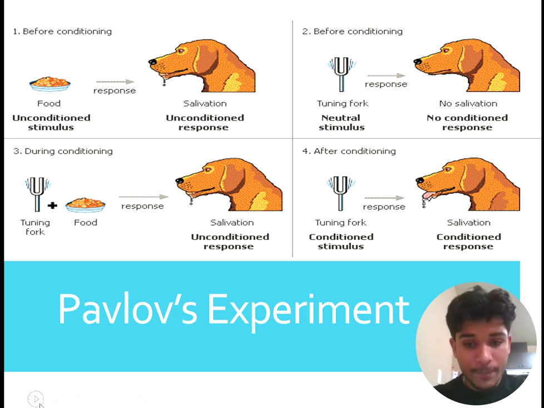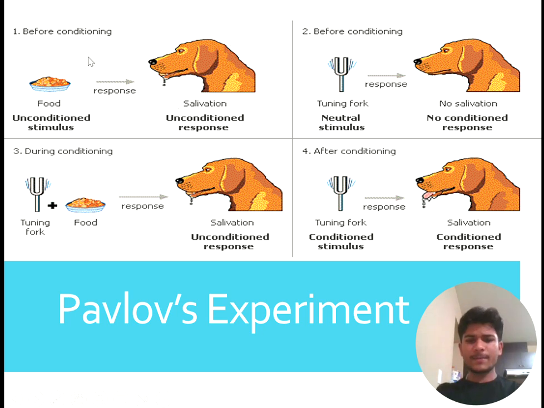In this case, the tuning fork, which was initially a neutral stimulus, now becomes a conditional stimulus. This is due to the association of the neutral stimulus and the unconditional stimulus. Repetition of the association makes it a conditional stimulus, which gives the conditional response.